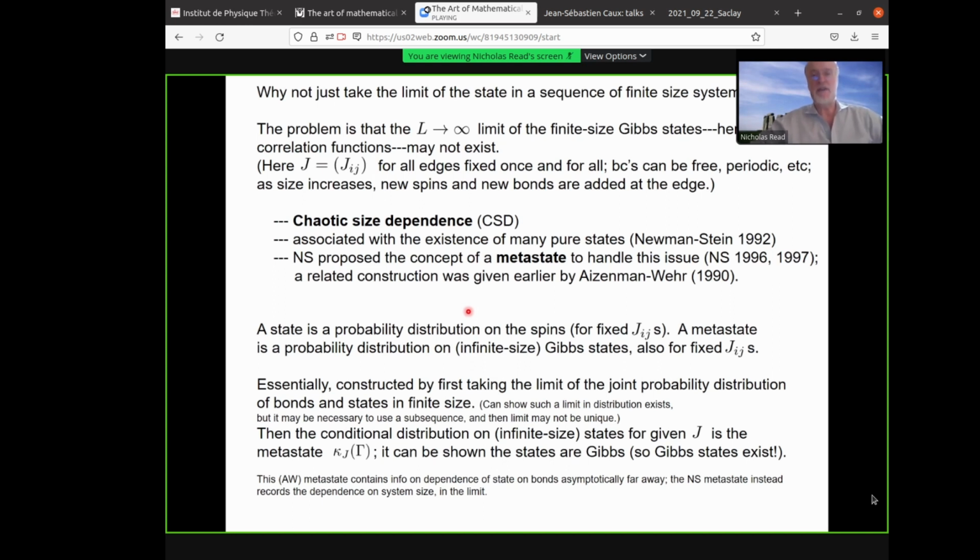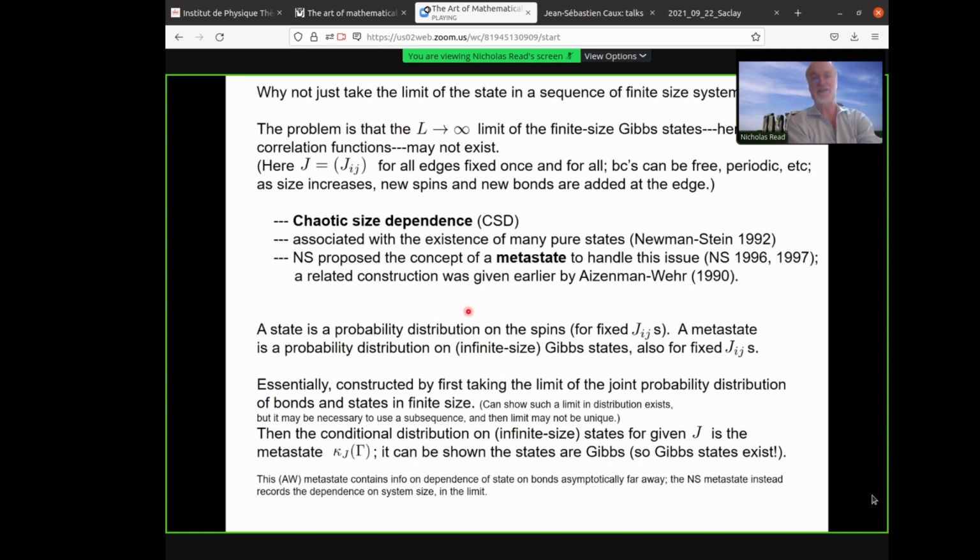And that may just sound like I haven't done anything except take the limit, but it is different. First of all, this metastate exists. It's well defined, and it can be a non-trivial probability distribution on Gibbs states gamma. In particular, the states that we get after taking these limits are actually Gibbs states. They still obey the DLR definition.